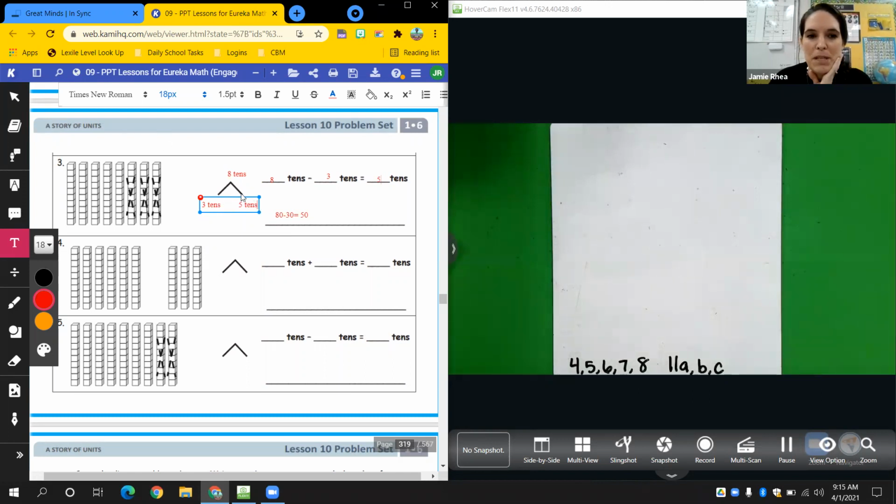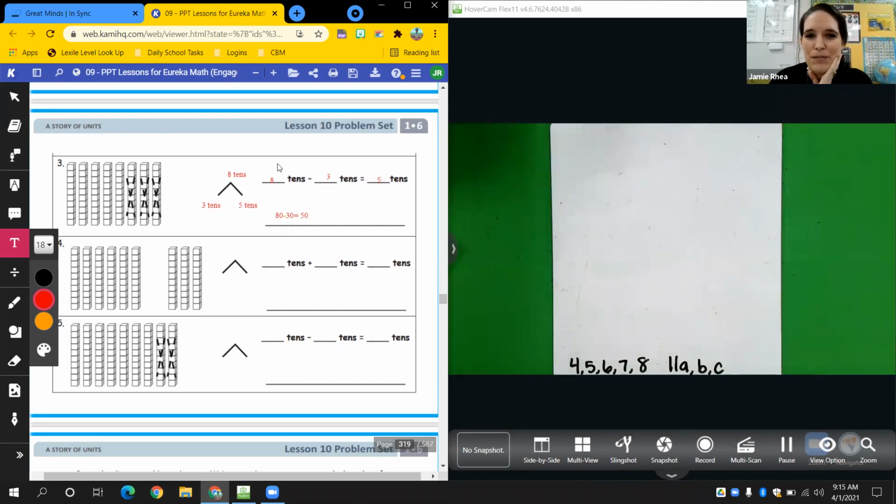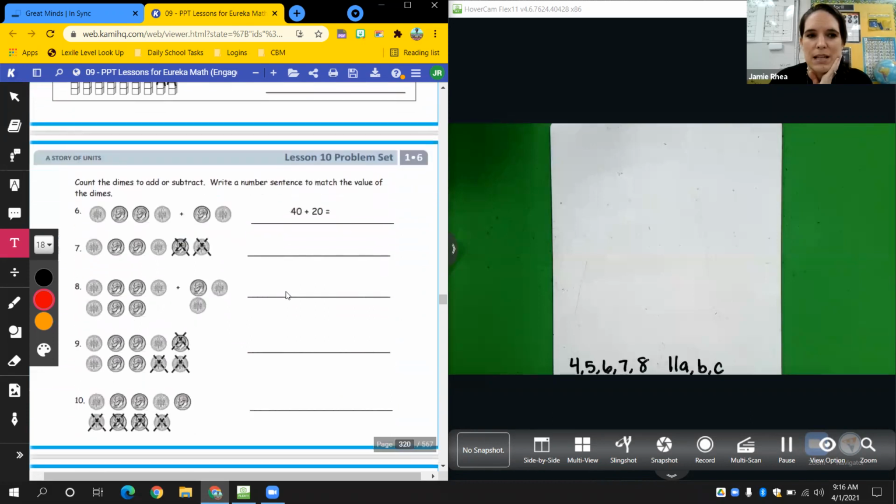Make sure you have all of this filled in: the number bond, the unit way, the regular way. Same thing here. Now look at the sign on this one. This one's plus. Look at the sign down here. This one's minus.